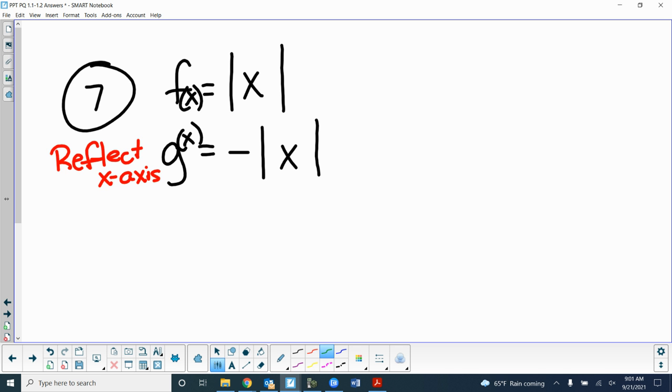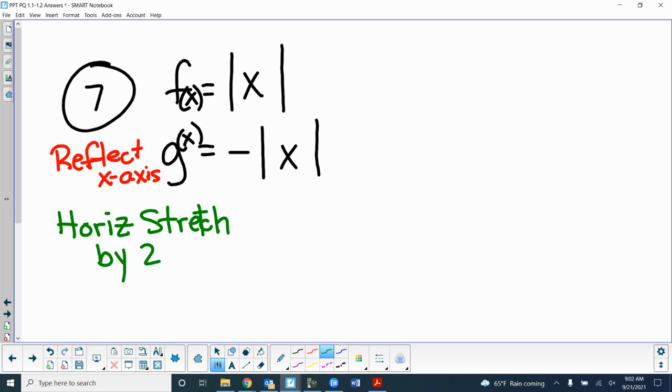And then it said a horizontal stretch by 2. Stretch by 2. So remember, when it's horizontal, what do we end up multiplying by?